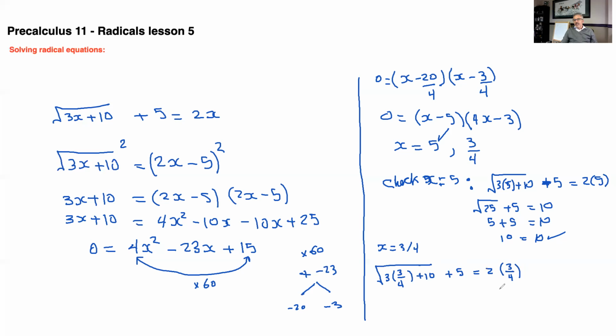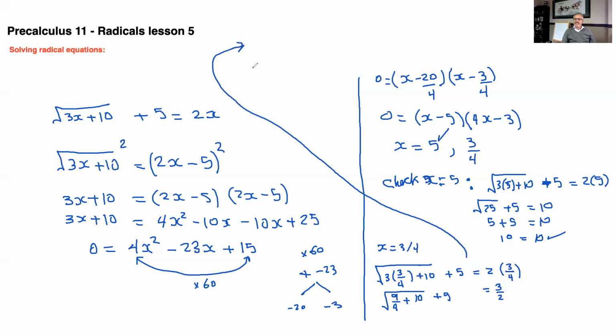At least we know the right side here is going to be 3/2, since the 2 cancels, reduces to give me 1, and 4 gives me 2. Here I'll get 3 times 3/4, just 9/4 plus 10 under the square root plus 5 should equal 3/2. I'm just going to take this right here because I don't have room.